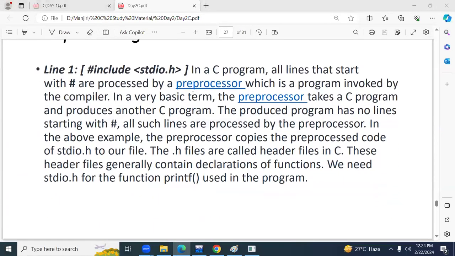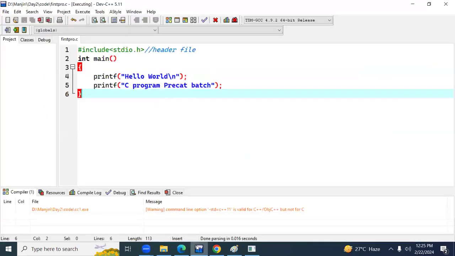Now this is one of the preprocessor directives. What is a preprocessor? Whatever happens before processing, before compilation, is known as a preprocessor. It is with the help of this hash symbol. The hash symbol is known as the preprocessor directive, and include is also a preprocessor directive. Hash is an indication of before compilation, before processing.